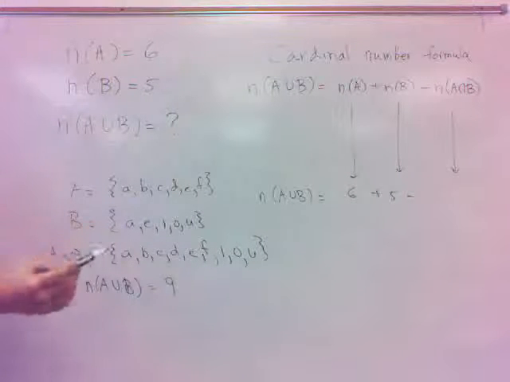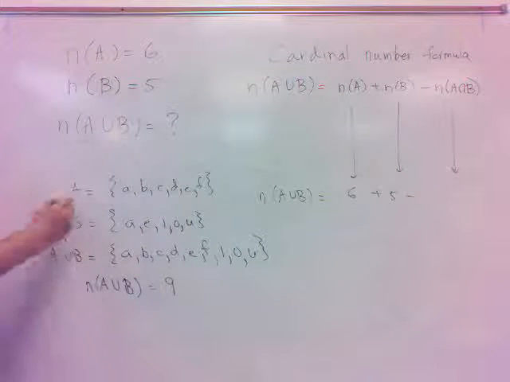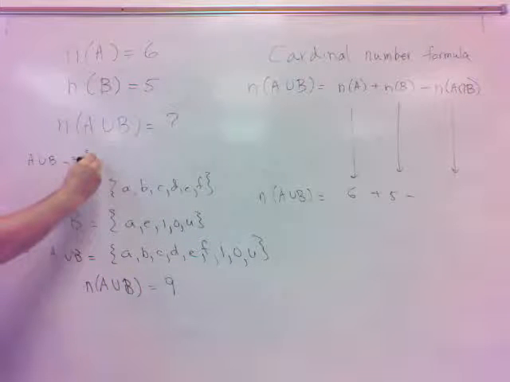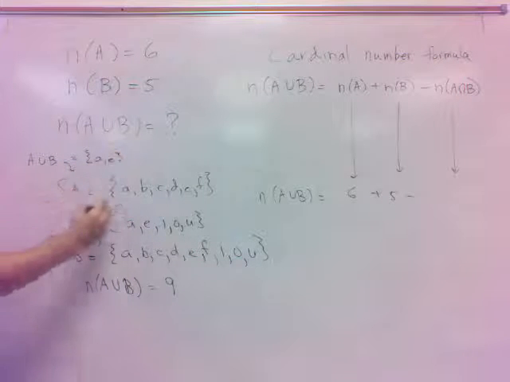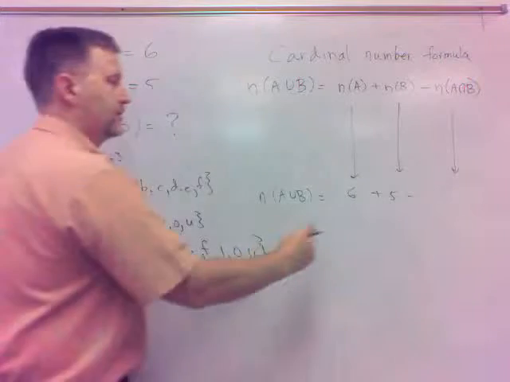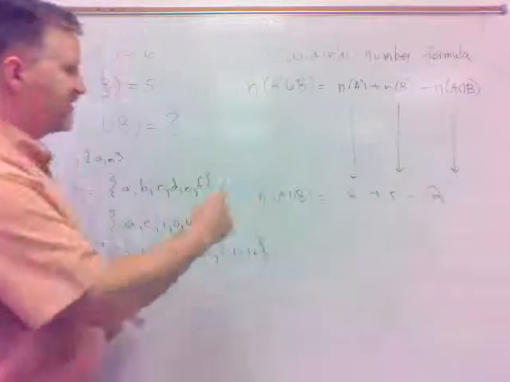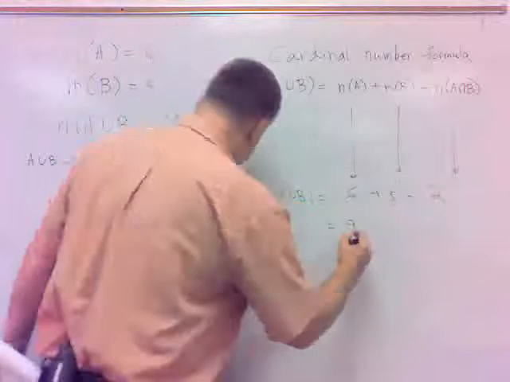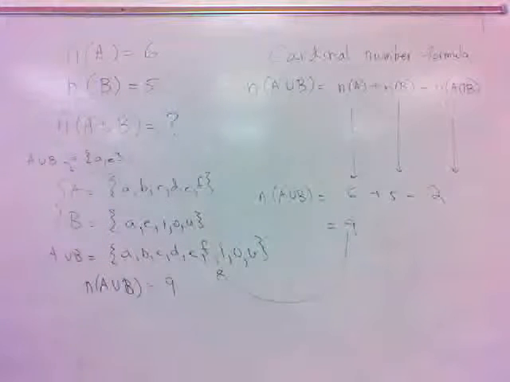I haven't written that out, but what's the intersection of these two sets? Be A and E, wouldn't it? Where they overlap. So A intersection B has how many? 2. And so you see that works out, because 6 plus 5 is 11, then subtract 2, you get 9, which is exactly what we saw it was.